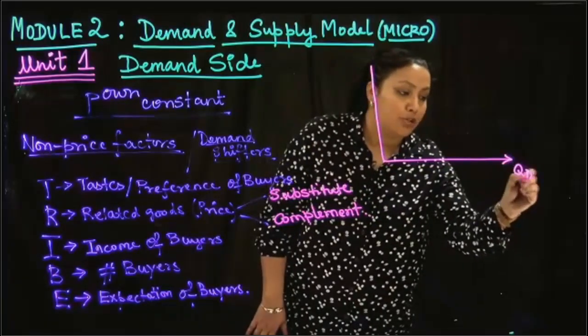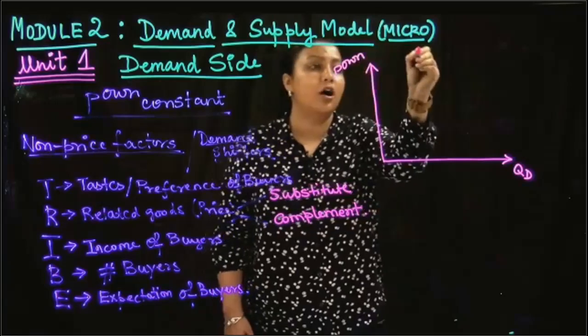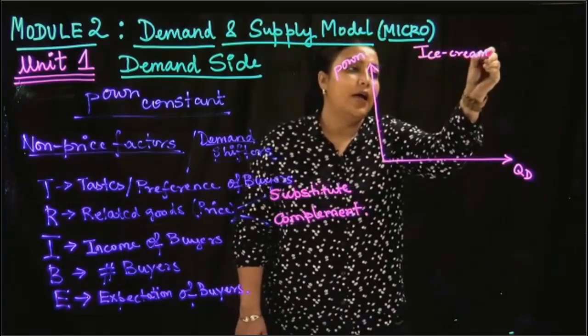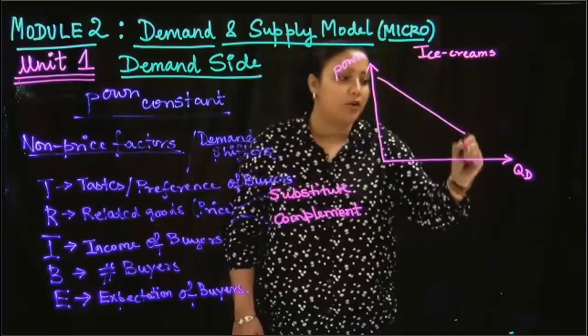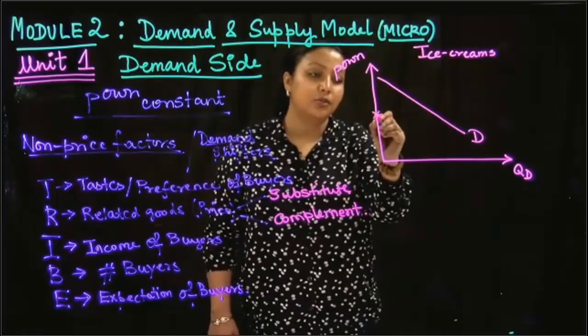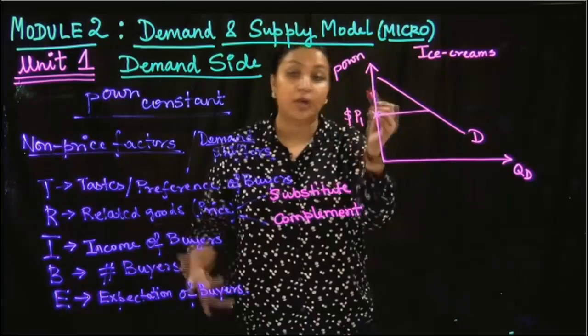So we have quantity demanded, we have own price, and let this be our good old market of ice creams. And let's say I have a demand curve for ice creams, capital D, and this is the initial price of ice creams. Let's say this is $P1. It could have any value.